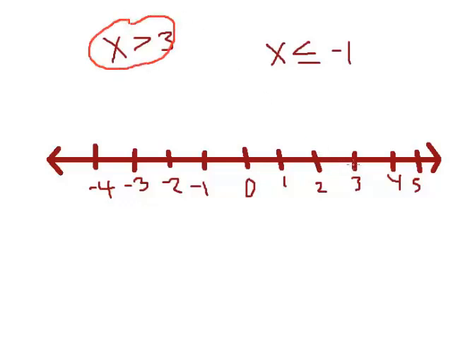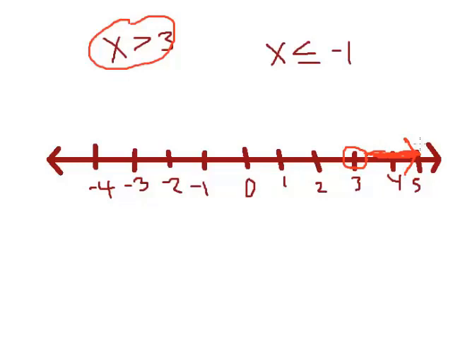Now, for x to be greater than 3, you put a circle over here. Now, I'm not going to fill in the circle, because x cannot be 3. X has to be greater than 3. And to represent what x can be, I would draw a line in this direction, fill it in a little bit, and put an arrow at the end of it. And this represents that x is greater than 3.